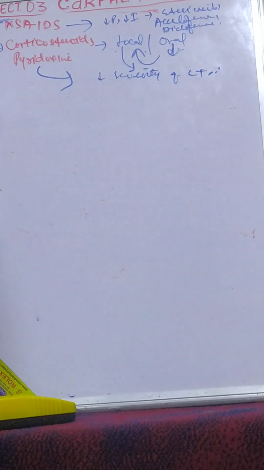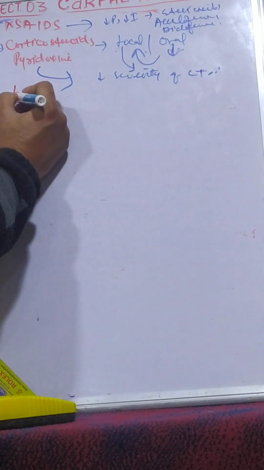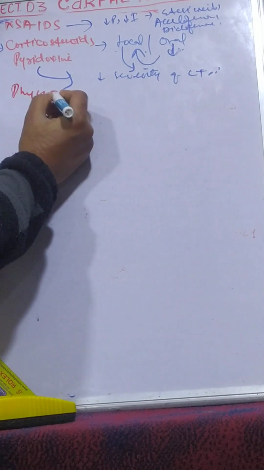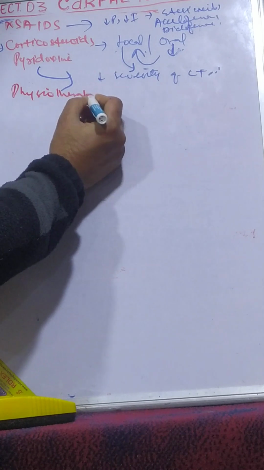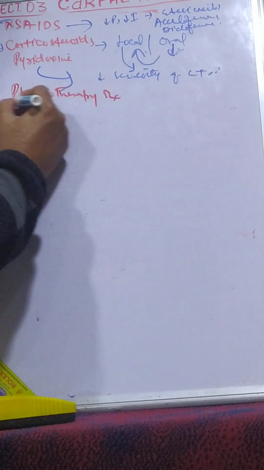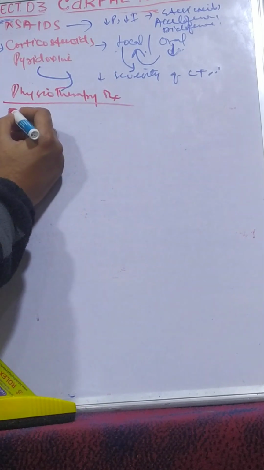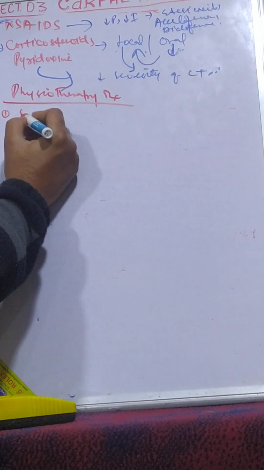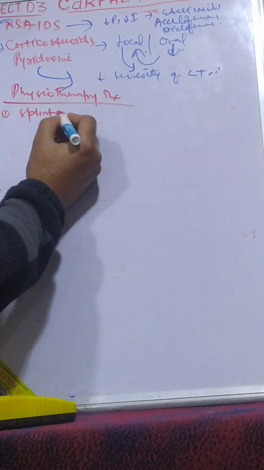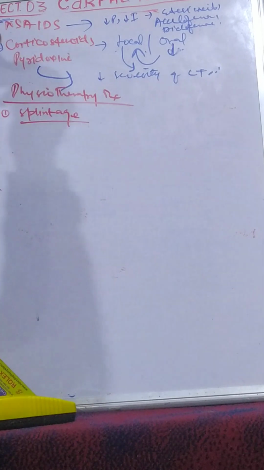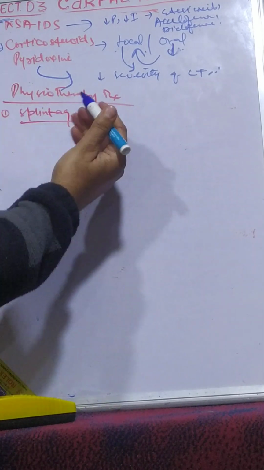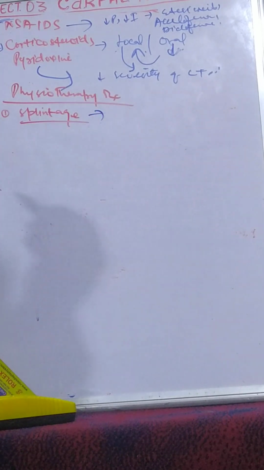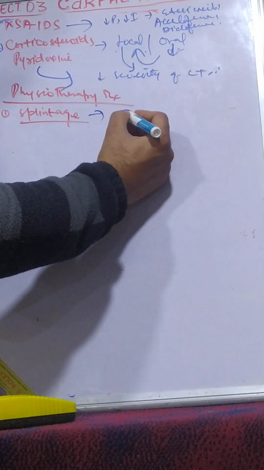So, in physiotherapy treatment, you give the patient a splint. What it does is it holds the wrist in a neutral position.